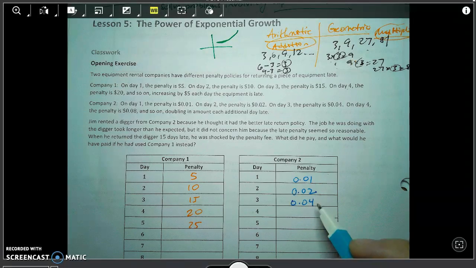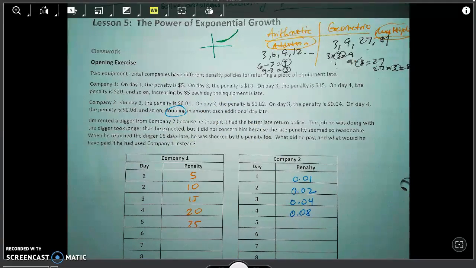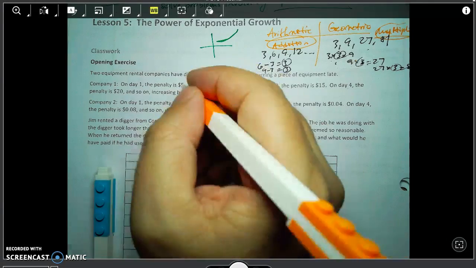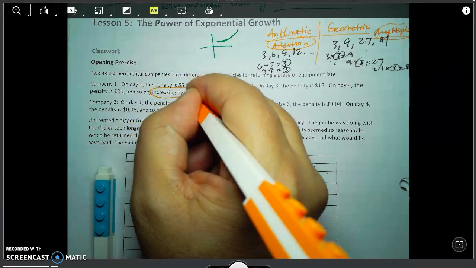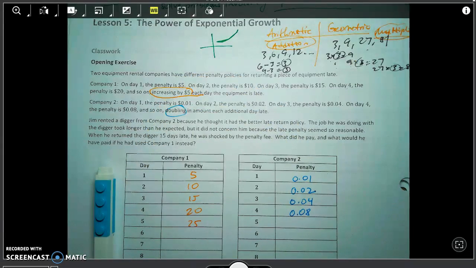It goes 1, 2, and 4. On day 4, it jumps up to 8 cents. So we're doubling the amount each day it's late. In the previous one, we added 5 each day. So there's a big difference between the two companies.